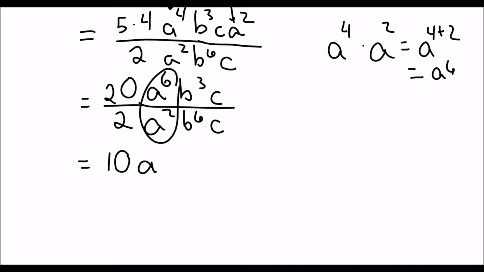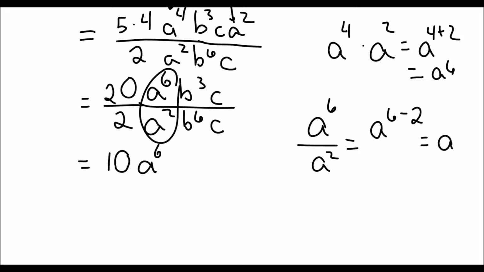We have an a to the 6th, and remember, using our division rule, when we have a to the 6th over a squared, we can bring that bottom exponent up and subtract. A to the 6th minus 2 leaves us with a to the 4th. The other way you could have done that was write out 6 a's and 2 a's on the bottom and start canceling them out, but this was a little bit faster. So a to the 6th minus 2, and then we notice these c's cancel out.